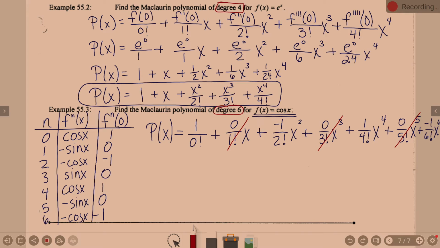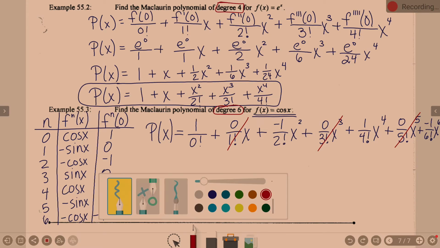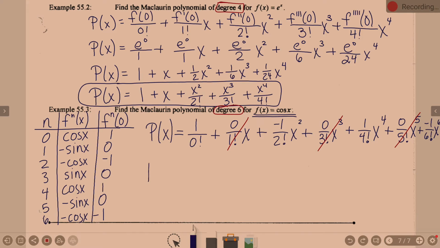So notice my odd powers: x to the first, x to the third, and x to the fifth all had a numerator of 0. 0 divided by anything is 0, so I'm not even going to write my odd powers. We only need the even powers, and your constant counts as an even power, just because it's every other one.